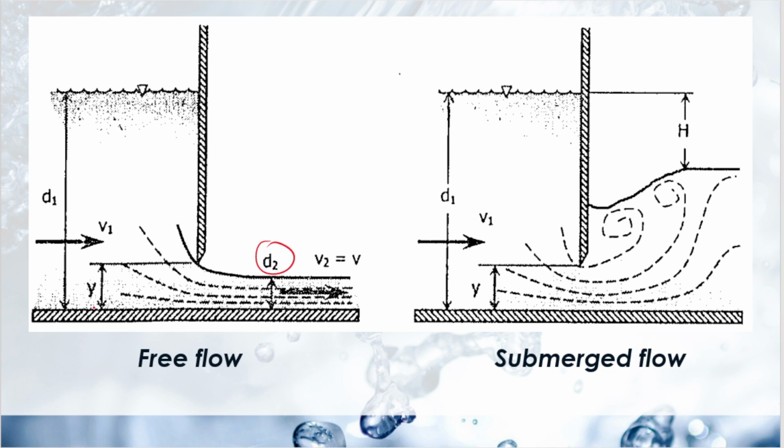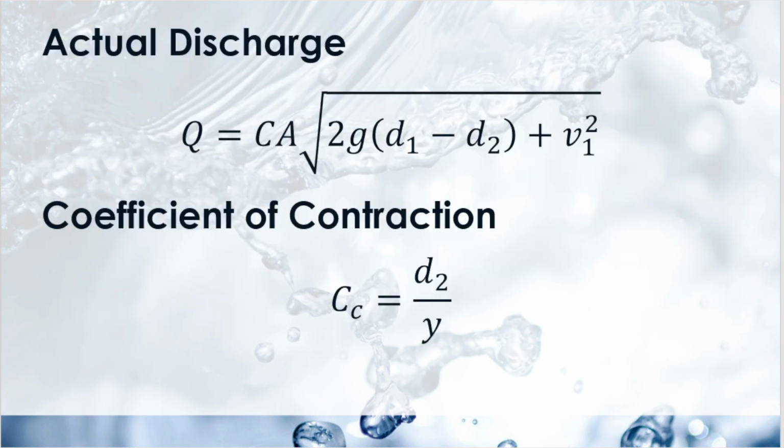That is the coefficient of contraction because there will be slight deviation, if you could see this one. This is the slight deviation or delta y, wherein the jet contracts as it leaves the gate. So that is for the coefficient of contraction.